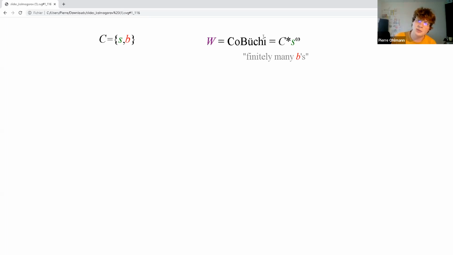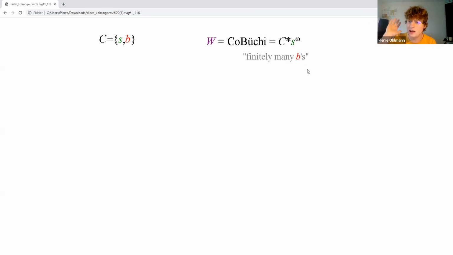We're looking at the objective where we win if we see only a finite amount of bad. This is a very special case of a parity objective where we have just priorities 0 and 1, and we win if 1 is seen only finitely many times.